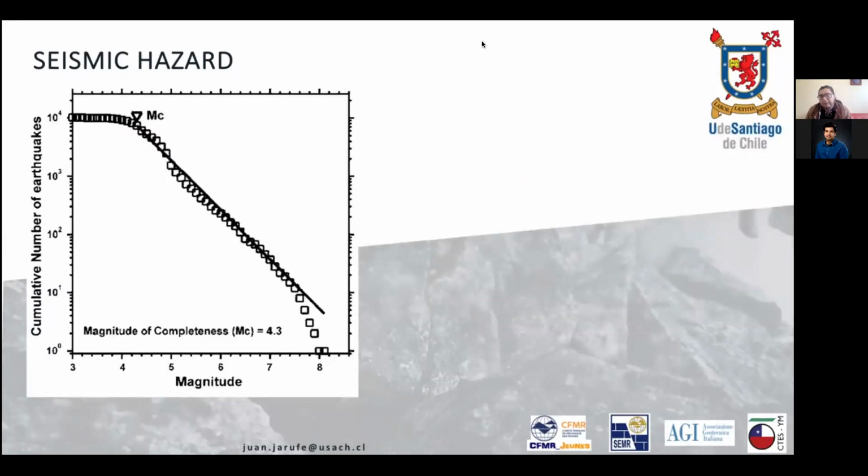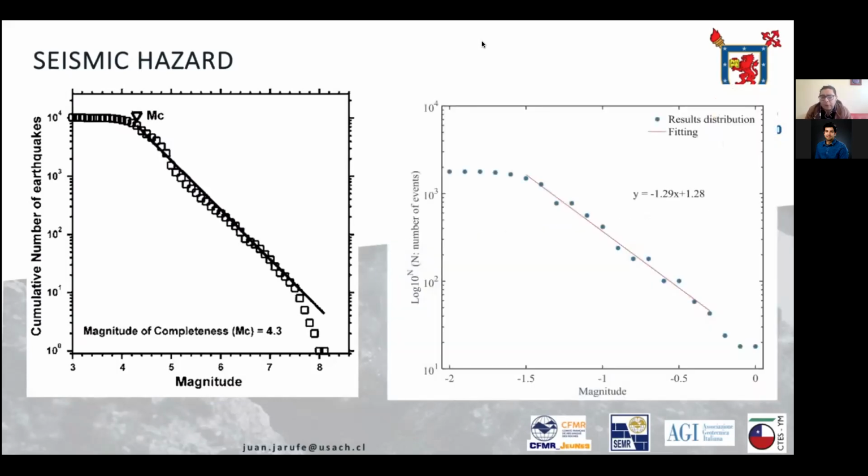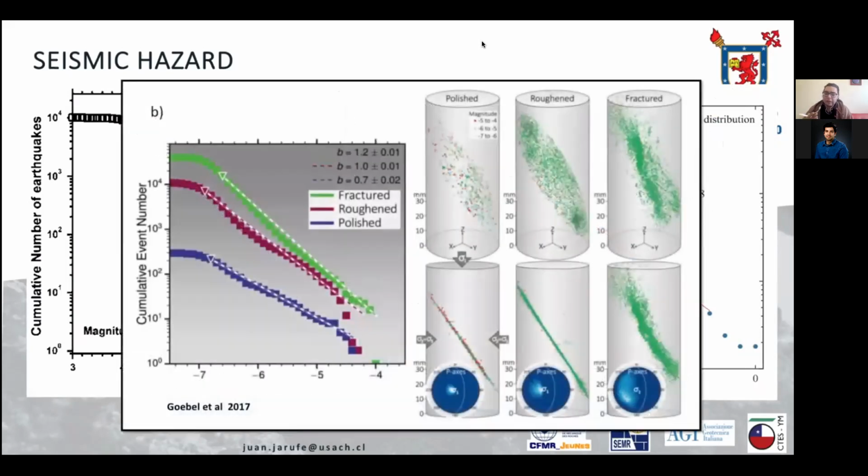Now, this distribution of seismic data has been analyzed for large earthquakes, as we can see here, for magnitudes from 6 to 8. It has been analyzed for mine scale problems with magnitudes around -1.5 up to 0, up to 3 in some other mines. And it has also been found that this relationship is valid for small rock samples that are tested.